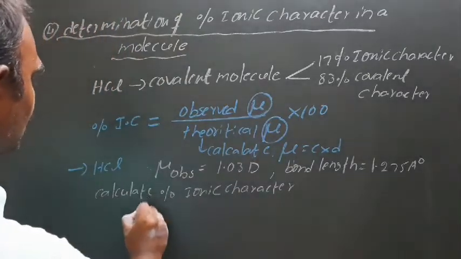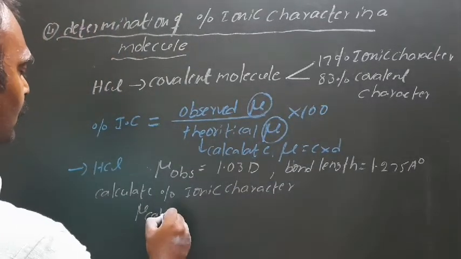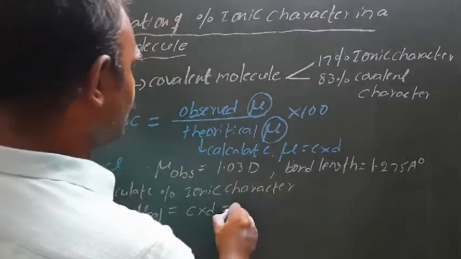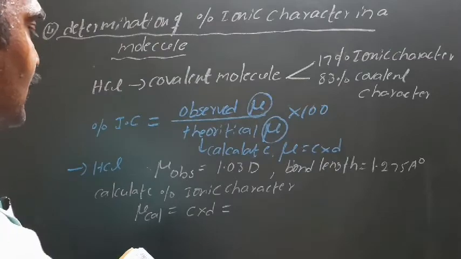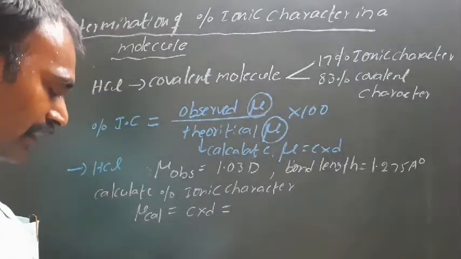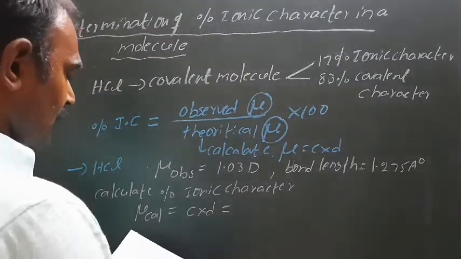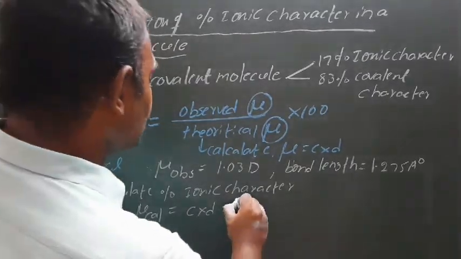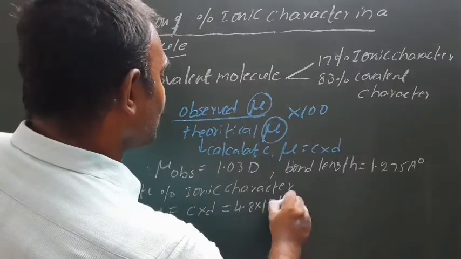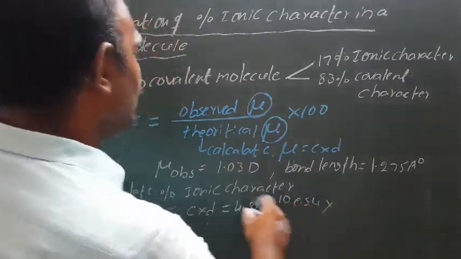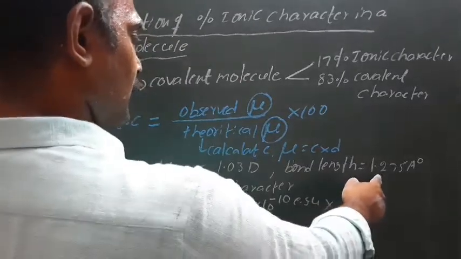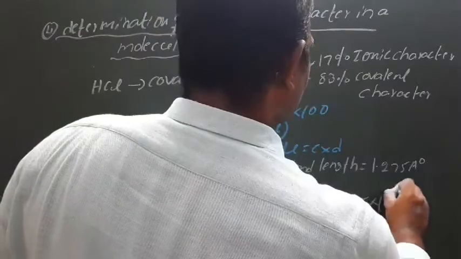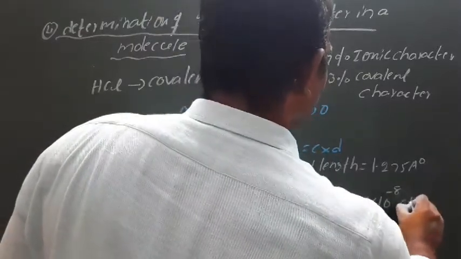Now see here, first we will calculate the bond dipole moment in calculation. Okay? Charge into distance. Charge is equal to, in the CGS system, what is the charge here? Electrostatic unit. Otherwise in Coulomb, see here, charge is 4.8 into 10 power minus 10 ESU into bond distance given, that means 1.275 angstrom, that means 10 power minus 8 centimeter.